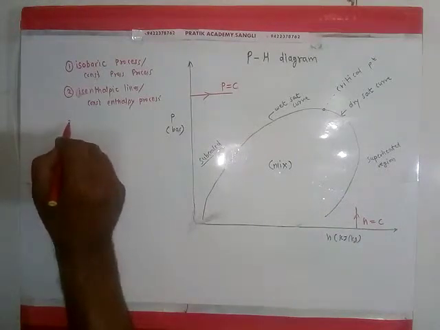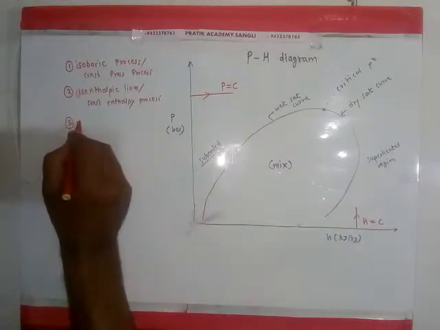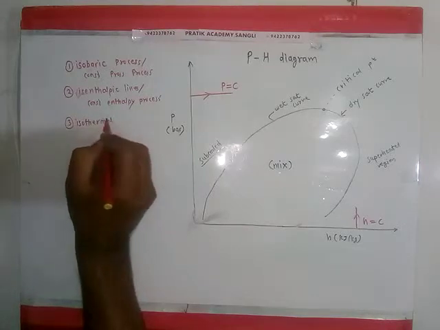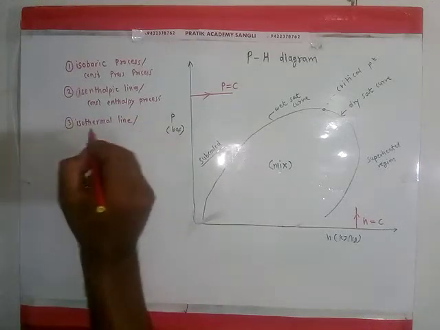Then the next important line is the isothermal line, or constant temperature line.